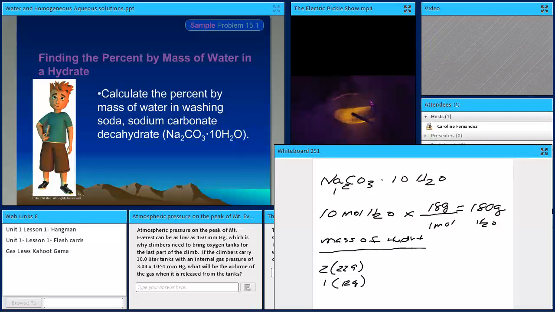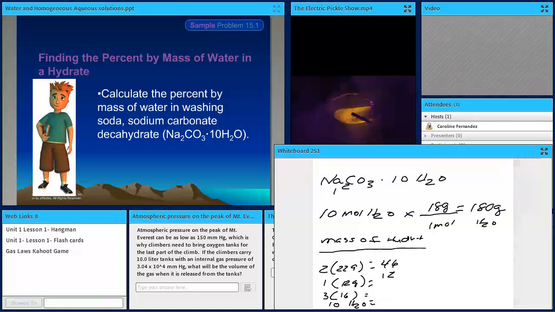We have 1 carbon, which is 12 grams. We have 3 oxygen, which are 16 apiece. And of course, we have our 180 grams from the 10 H2O, which we've already calculated. Now we're going to add everything together.